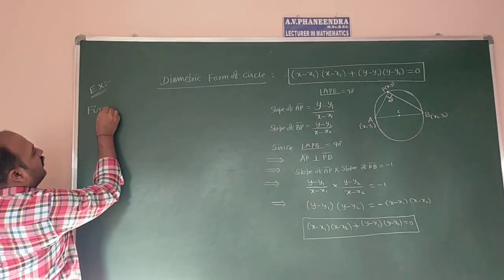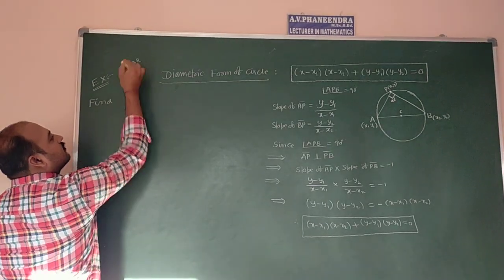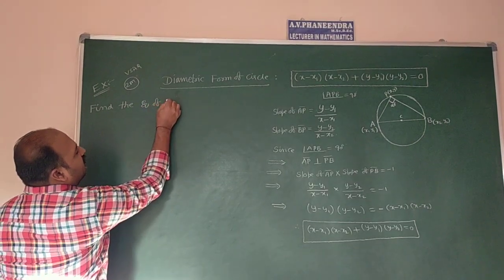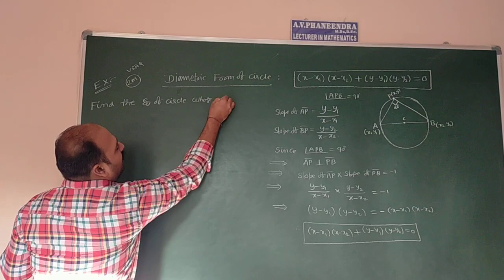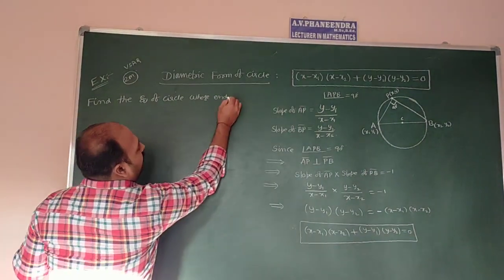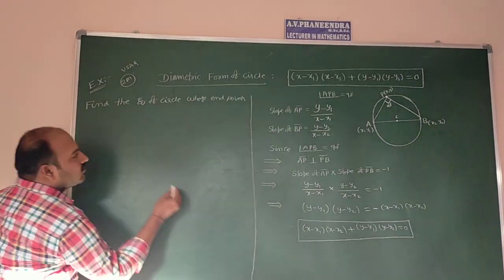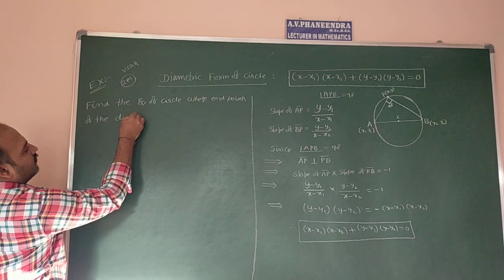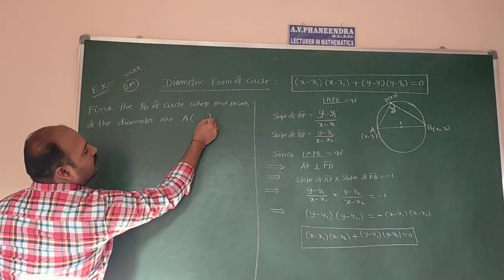This is important for 2 marks. Find the equation of the circle whose endpoints of the diameter are given.